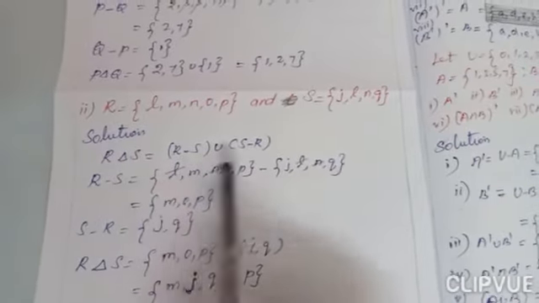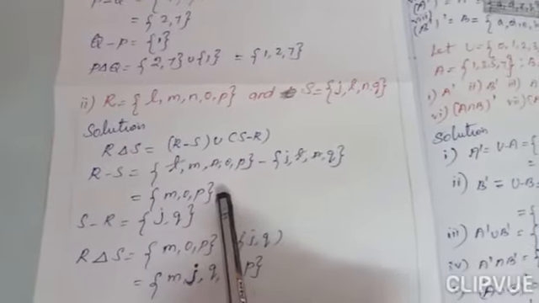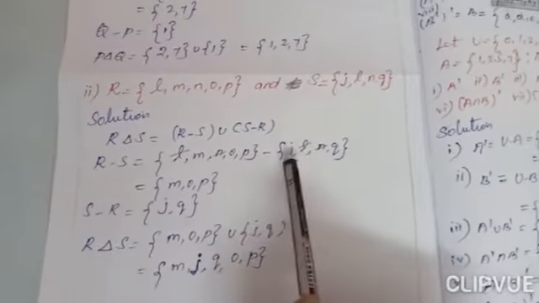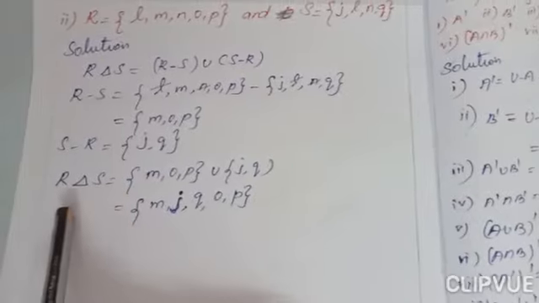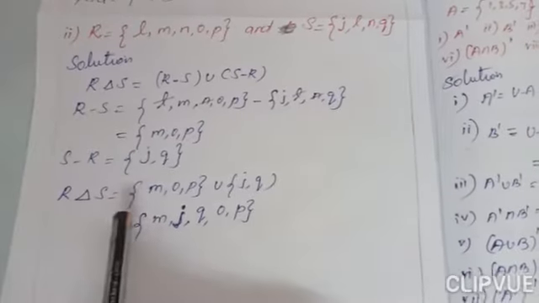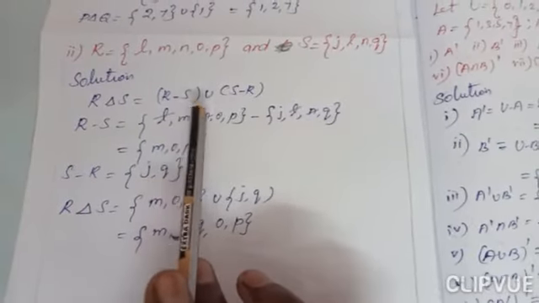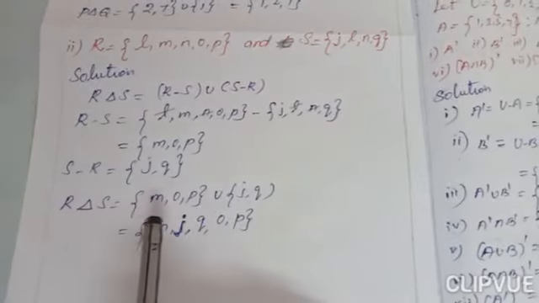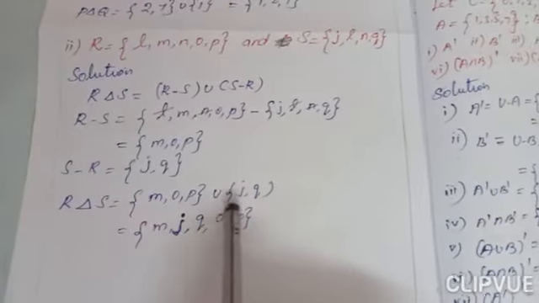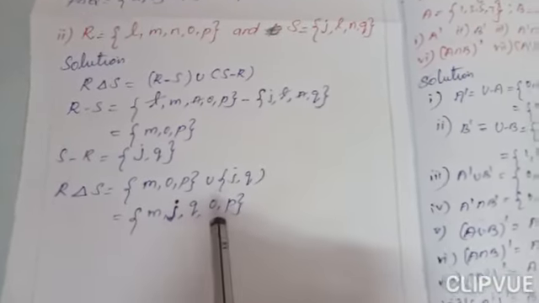Common elements are L and N. Write the remaining elements M, O, P, that is R difference S. S difference R is the remaining elements in set S, that is J and Q. R symmetric S equals R difference S union S difference R. R difference S is MOP, S difference R is JQ. Join the two sets, that is M, J, Q, O, P.